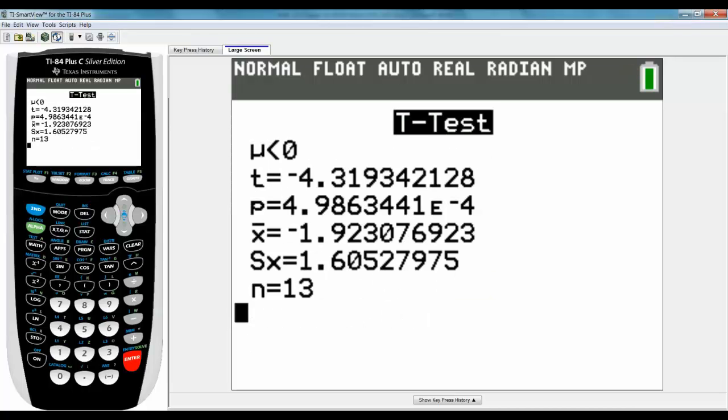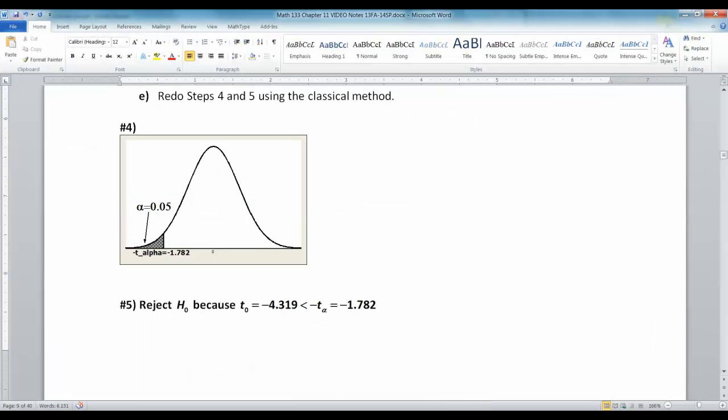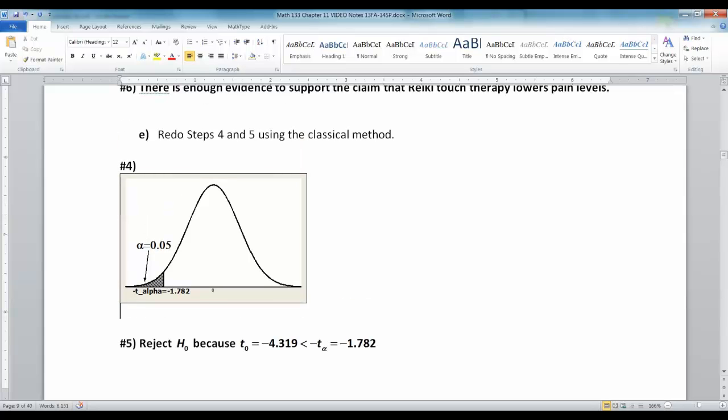With a p-value that low, 0.00049866, you're going to be rejecting your null hypothesis. This way is a way to back yourself up. The classical way is a little bit harder than the p-value way. The classical is what people had to do back in the day before they had computers and calculators.